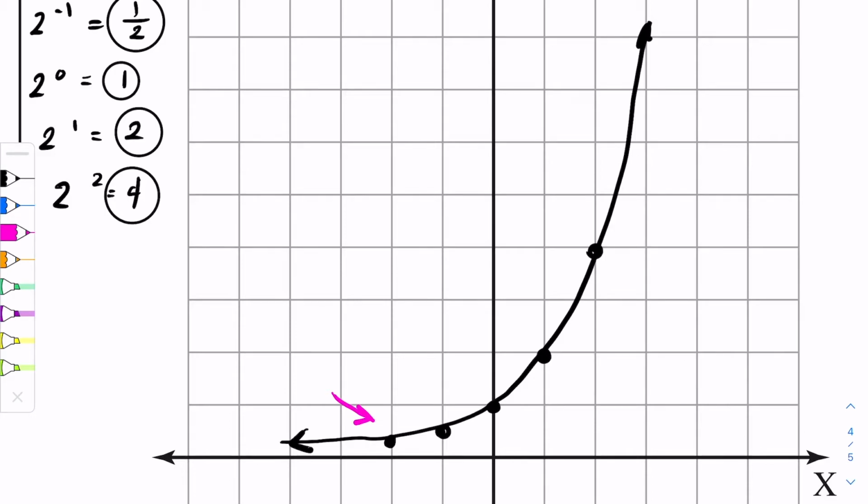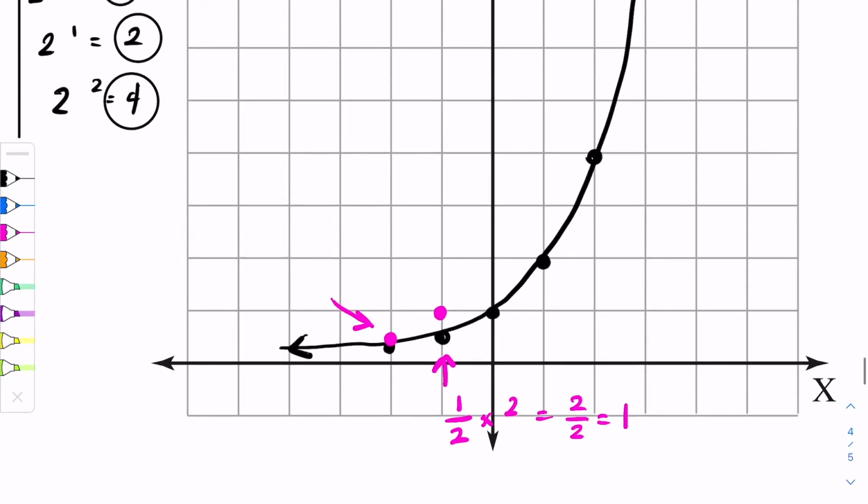My y coordinate is 1/4. 1/4 times 2 is 2 over 4, which simplifies to 1/2. So I'm going to replot the point at 1/2. This point has a y value of 1/2. 1/2 times 2 is 1. Replot that point at 1. x values are not changing, only the y value changes.